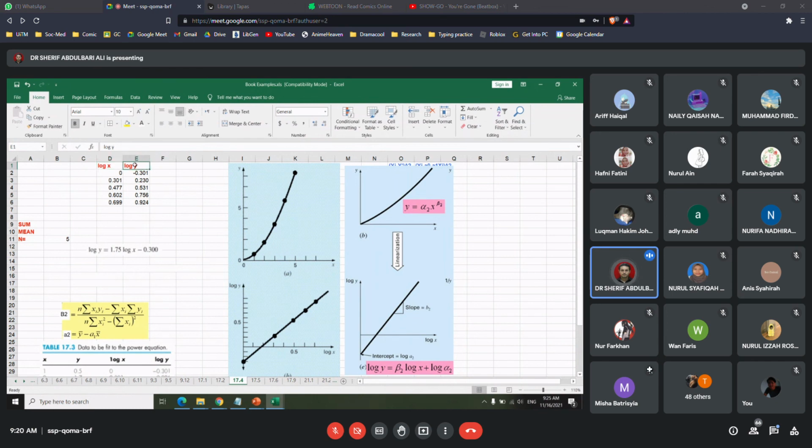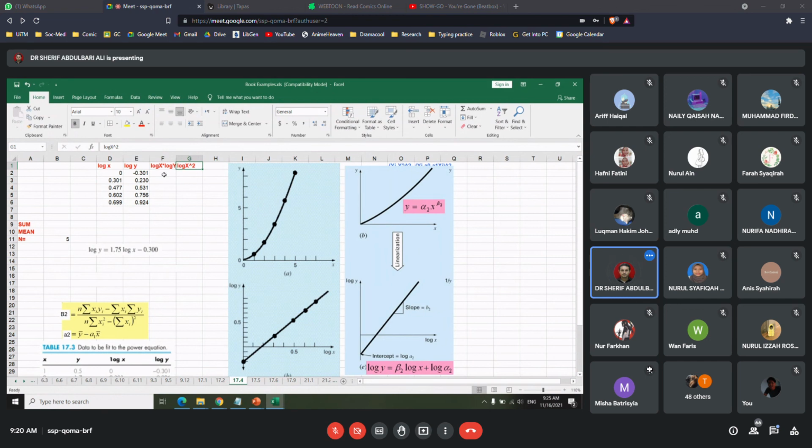So now to find the intercept and slope, you're going to use these two values. That means I need to find x times y, so I need to find log x times log y, and I need to find x squared, so that means log x squared.